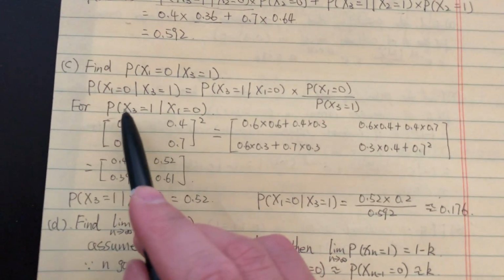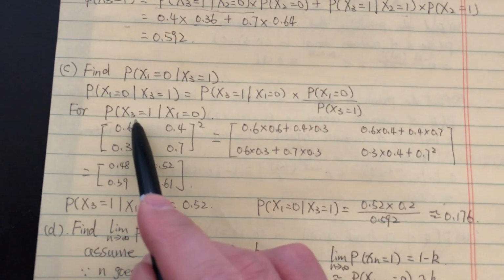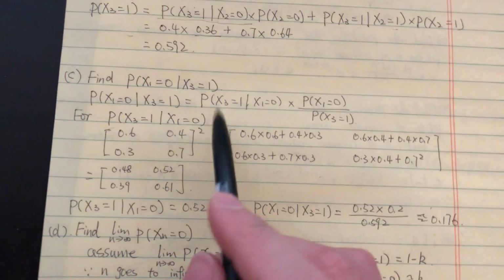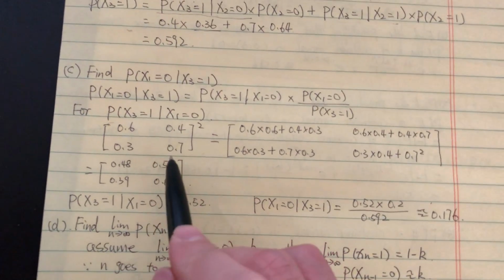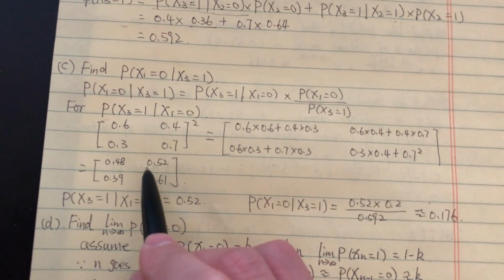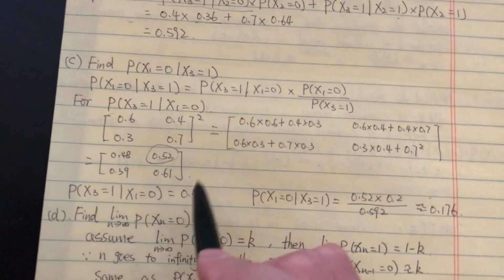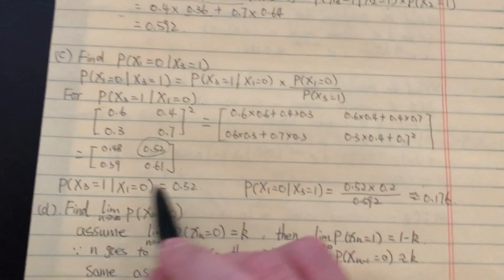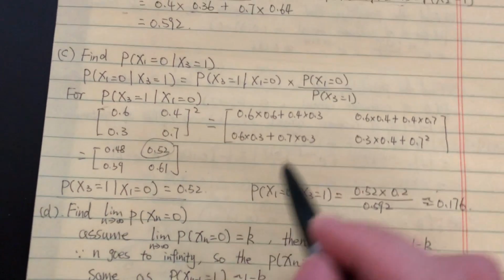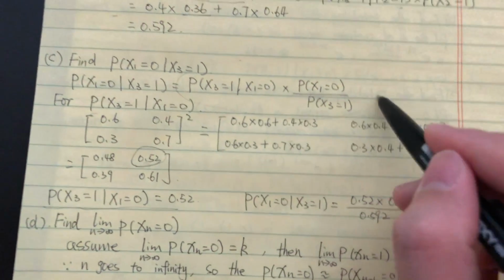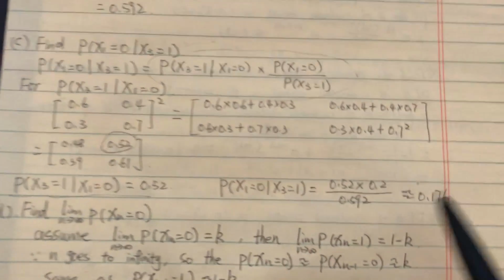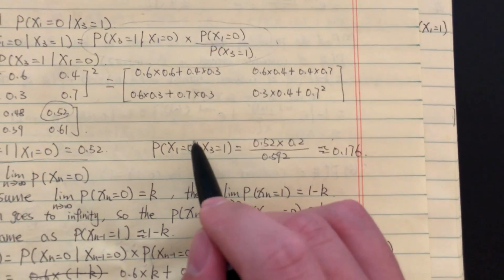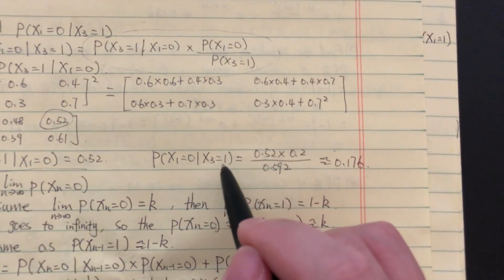And what we ask about is the probability of x3 equals 1 and x1 equal to 0, and it is this one, so the probability is 0.52. We put this probability into that equation, and we can get the probability of x1 equals 0 given x3 equals 1.